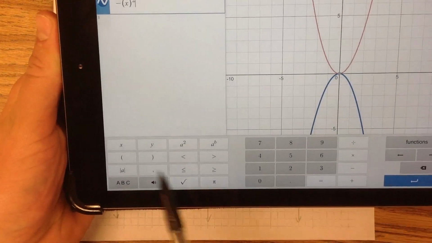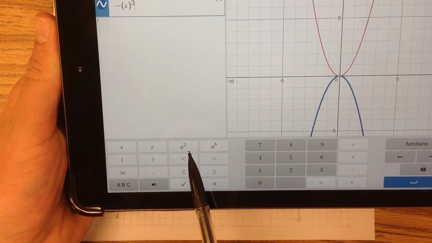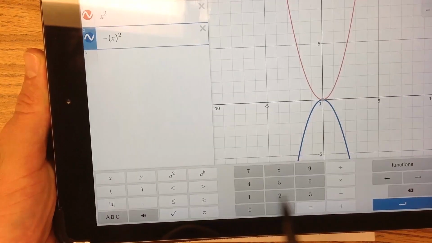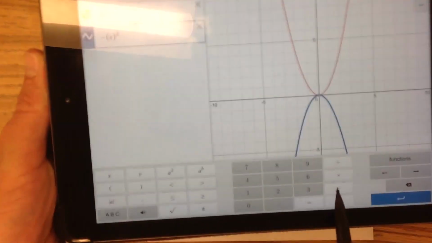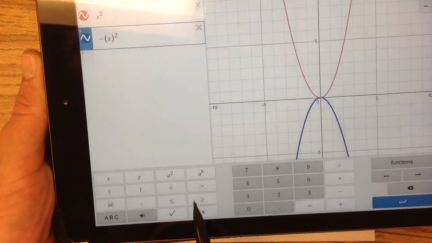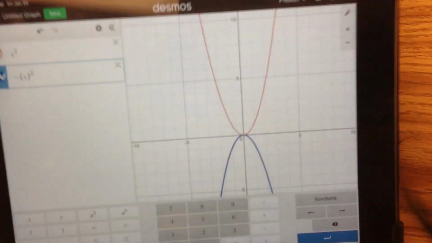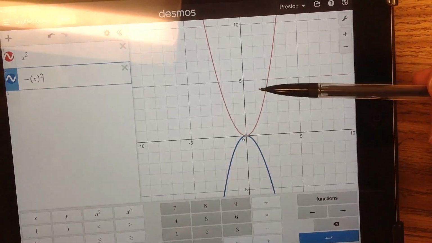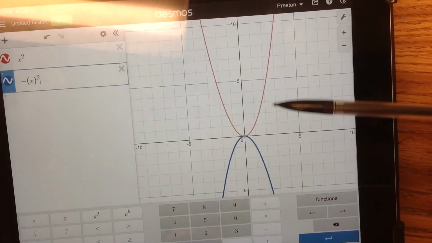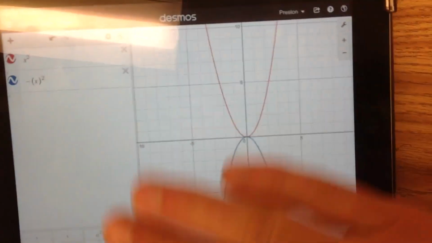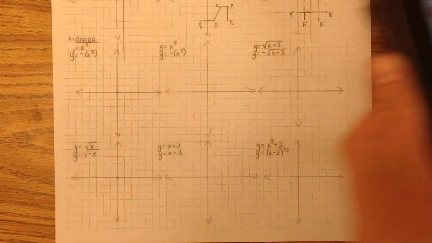And also, if you didn't catch that, how you square it? X squared, right there. And then I use parentheses, so I went parentheses, or negative. The minus sign is also negative on Desmos, minus, and then parentheses x squared. So how do I get from the red line to the blue line? Well, that reflected over the x-axis. So I went from here, flipped over to this.